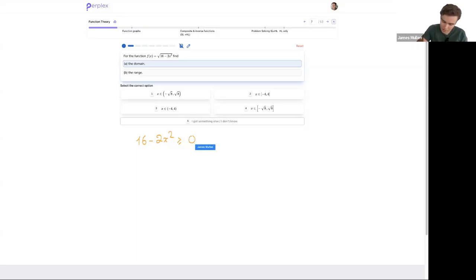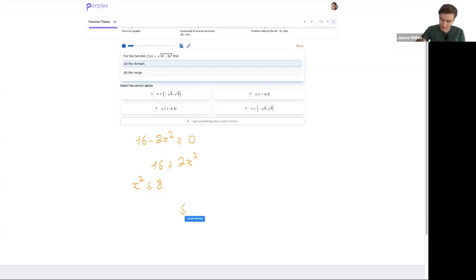And if I rearrange this, that means that 16 is greater than or equal to 2x squared, or x squared is less than or equal to 8. And when I square root both sides of an inequality like this, I have to remember that if I take a negative number squared that's smaller than 8, it's going to become a positive number smaller than 8.